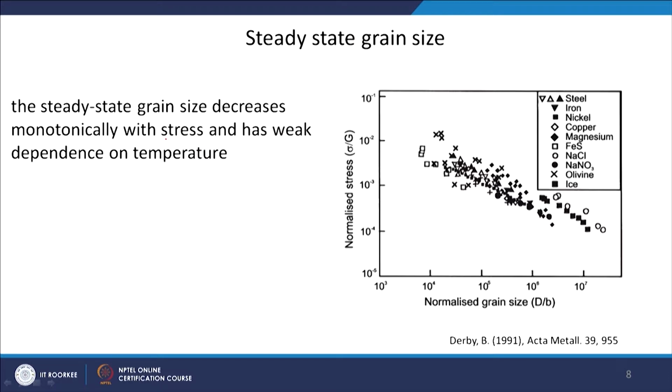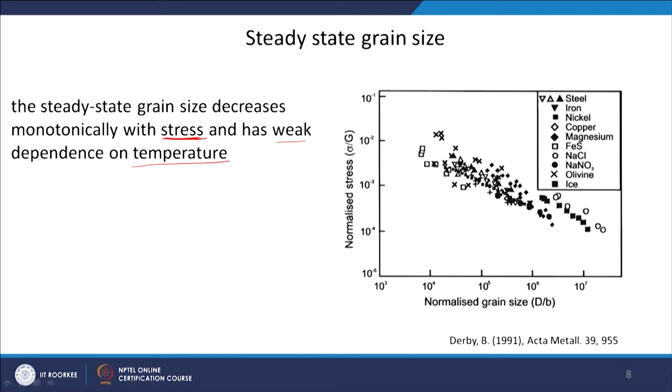So, it is actually strongly dependent on the stress and weakly dependent on the temperature. You can see on the x axis I have normalized grain size, that is d divided by b, the Burgers vector. Similarly, on the y axis I have normalized stress.